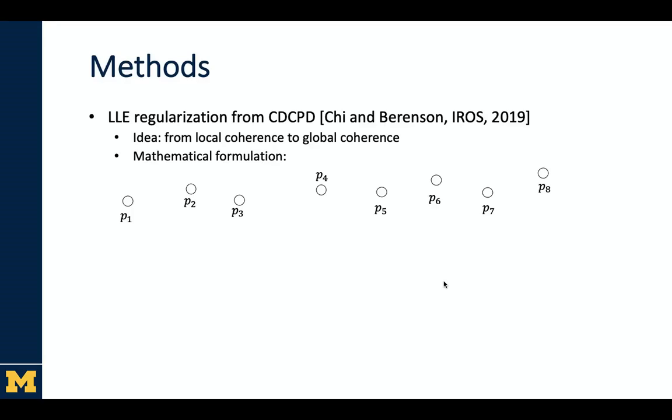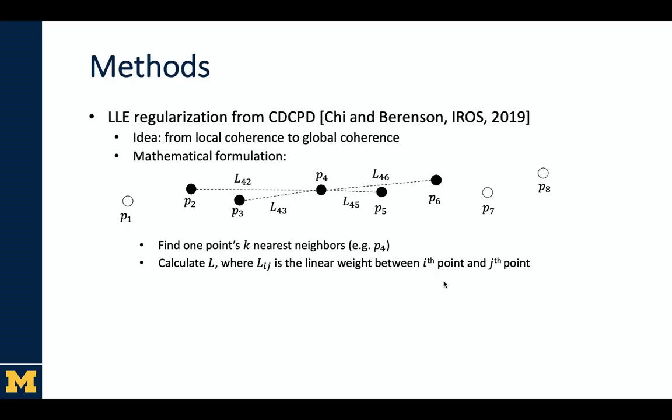So to calculate the LLE regularization term, first, one point's k nearest neighbors will be chosen. For example, if we choose 4 nearest neighbors for P4, those black points will be chosen. Then the LLE algorithm tells us how to calculate L using the initial configuration, where every entry inside L is a linear weight between the ith point and the jth point.